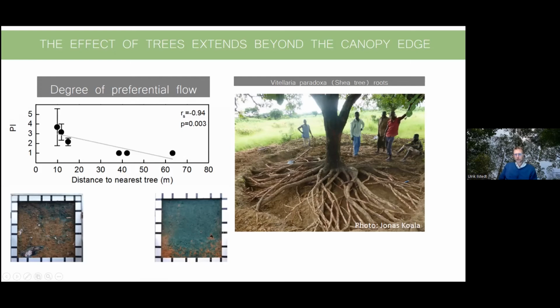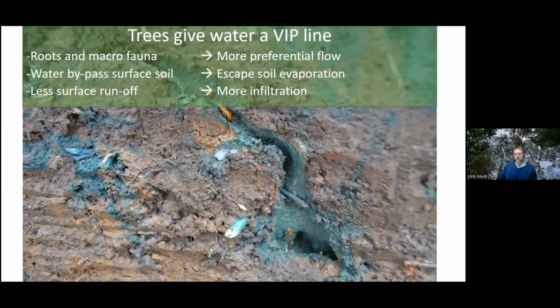And also they are attracting soil animals, termites mostly in this case, but also other animals. So around the trees that we have this, the water is moving through channels made by these animals, these termites.